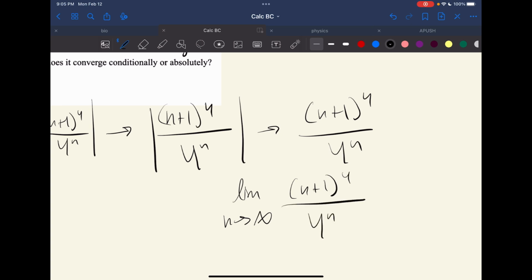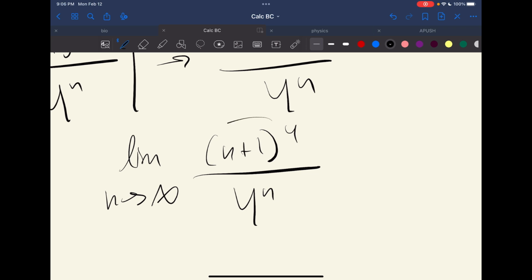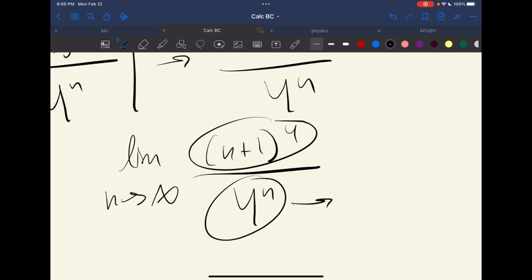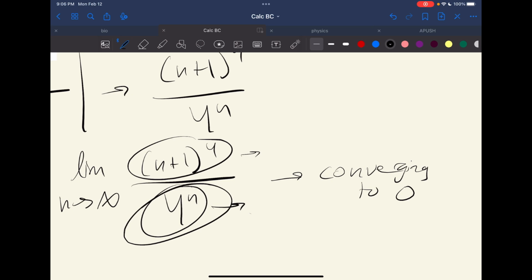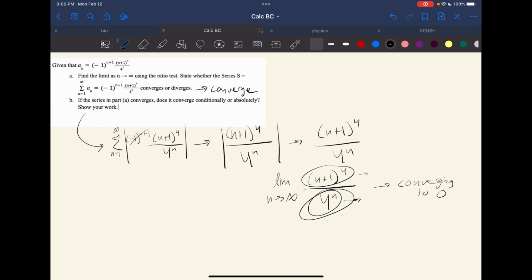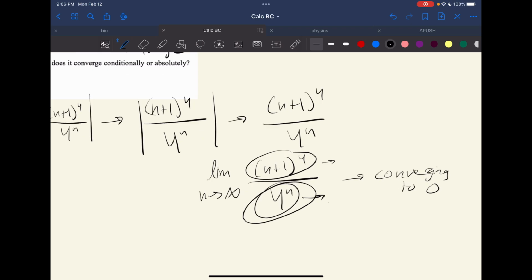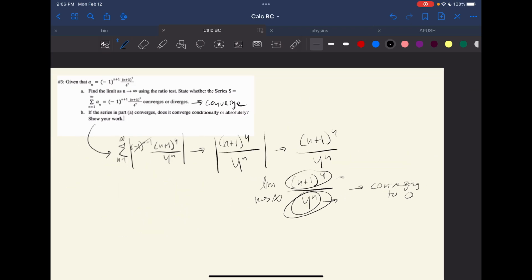So this is a power function, and then this is 4 to the n. So this one is going to grow way more rapidly compared to this one. This one also goes to infinity, but this will reach infinity way faster. So I'm going to say that this is converging to 0 because of how rapidly the denominator increases. It's going to become a really small number that's going to equal 0.